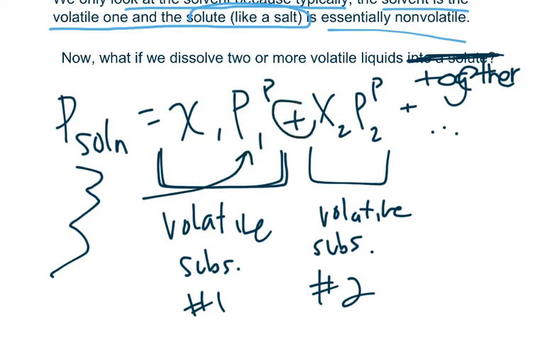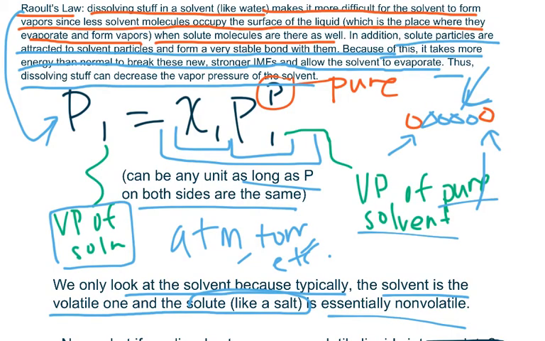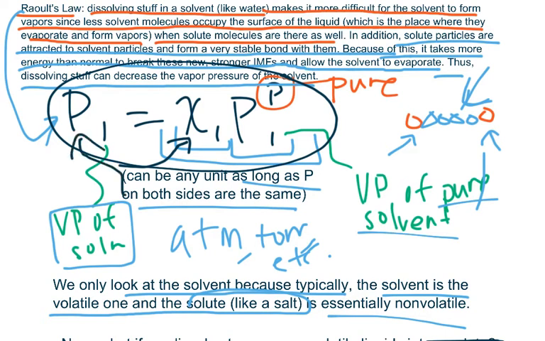And you have to add that to the mole fraction of the volatile substance number 2 times the vapor pressure of the volatile substance number 2 if it was pure. So all in all, this formula is telling us that when the mole fraction of the volatile substance, which is usually the solvent, is being lowered, then the vapor pressure of the solution will also be lowered in response.